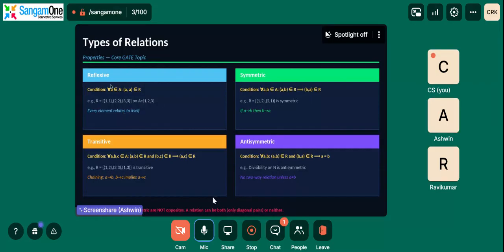Thank you. Then we go to symmetric relation. The condition is for every a, b in A, if (a, b) belongs to R, then (b, a) belongs to R. Like you can see in the example, (1,2), (2,1) is symmetric, because you take 1 as a and 2 as b, which corresponds to (2,1) with b as 2 and a as 1.